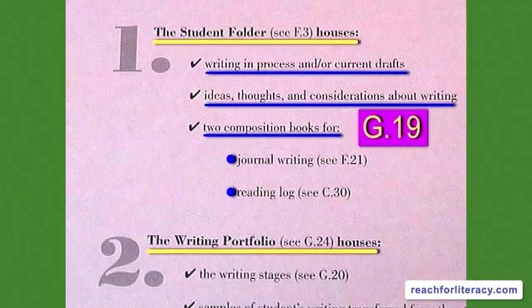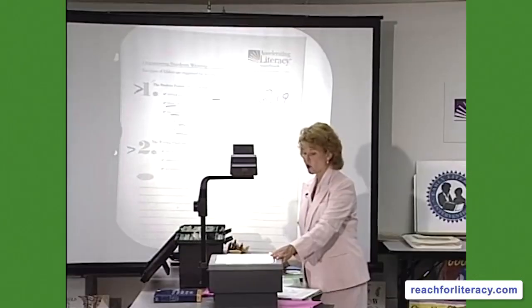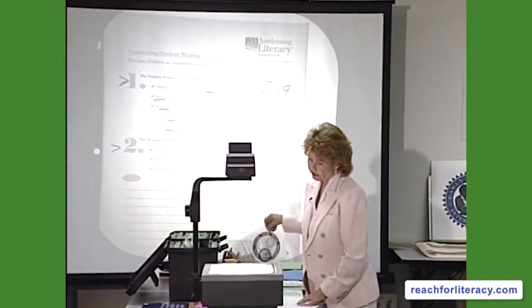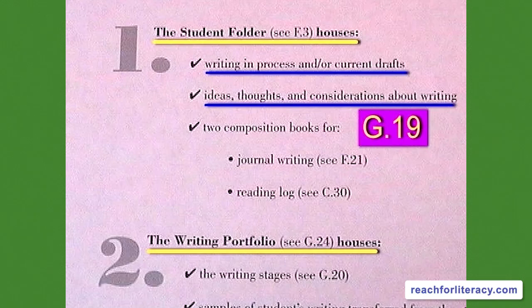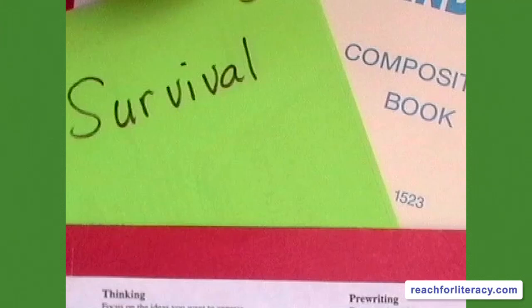On G19, we have listed what goes into each folder. The student folder would house current drafts from different subject matters, ideas, thoughts, and considerations about writing, including their conference log, and perhaps 2 composition books, or a composition book and a student-made book to house their journal writing and their reading log information.